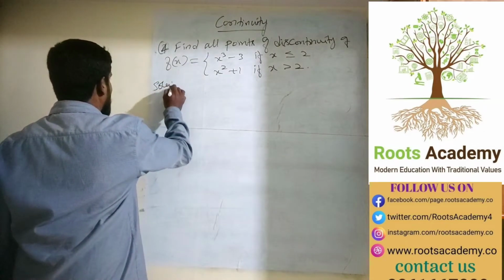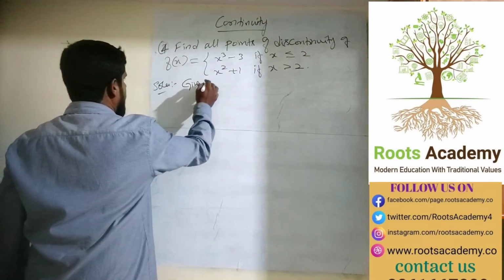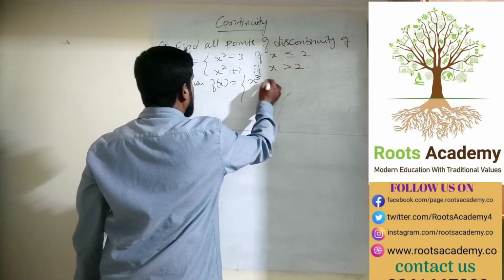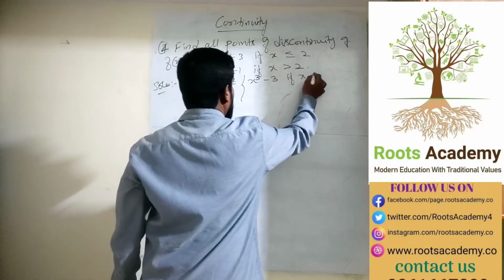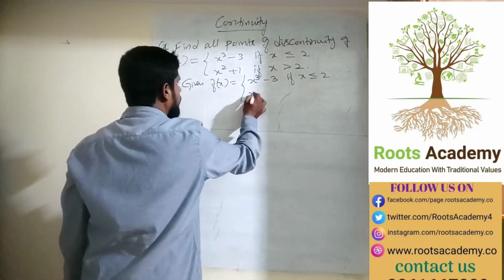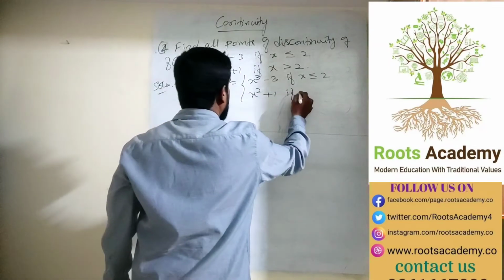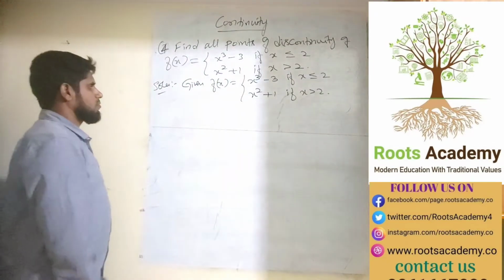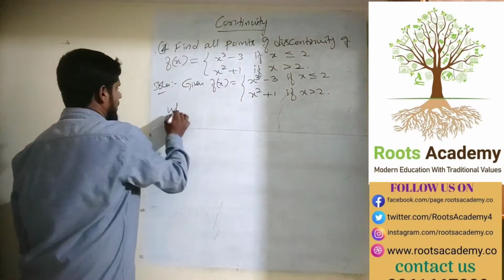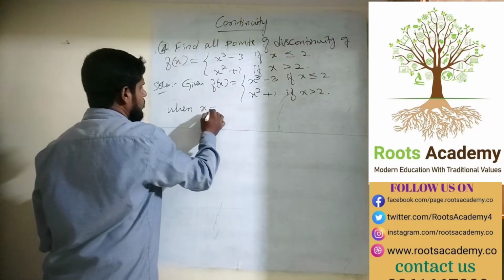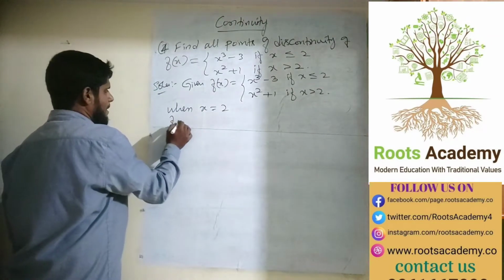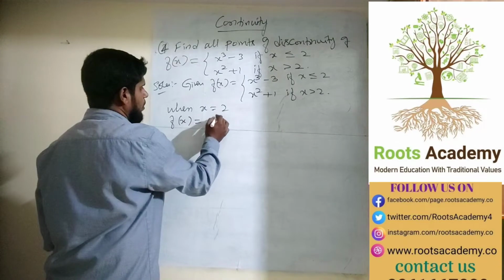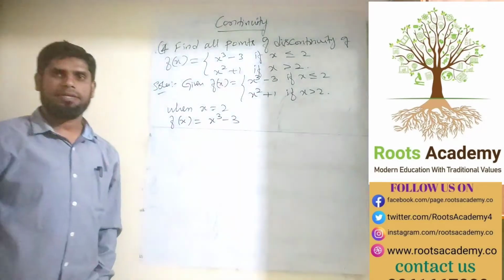Solution. Given f of x is equal to x cube minus 3 if x is less than or equal to 2, x square plus 1 if x is greater than 2. When x is equal to 2, f of x is equal to x cube minus 3.